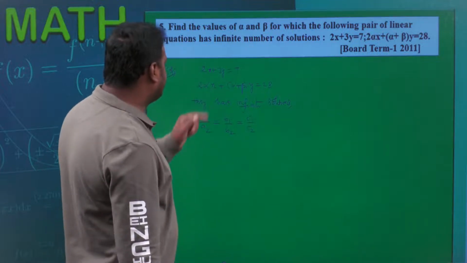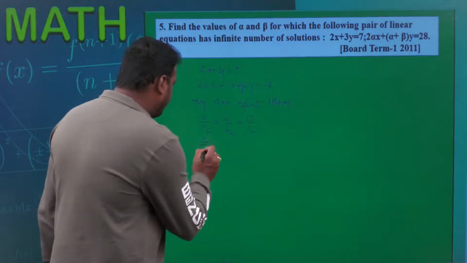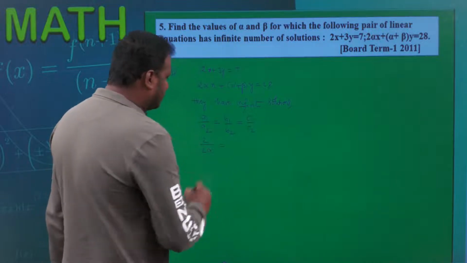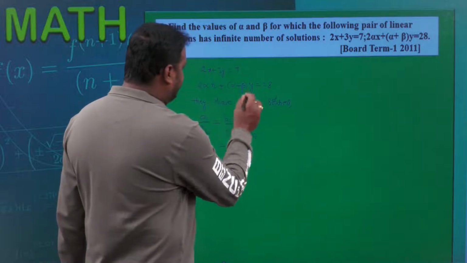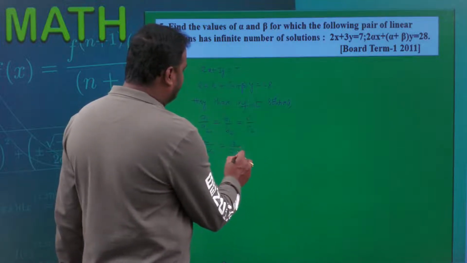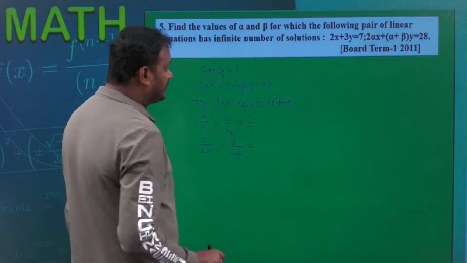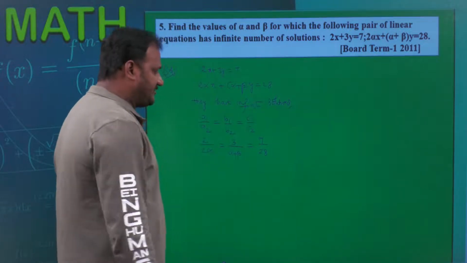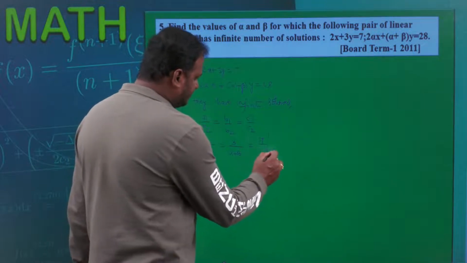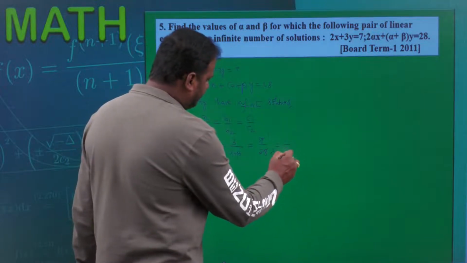Right? So what is a1 by a2? 2 divided by 2 alpha is equal to b1 by b2, that is 3 divided by the entire coefficient of y, that is alpha plus beta, equal to c1 by c2, that is 7 divided by 28. 7 and 28 can be cancelled, right? 7 4s are 28, which is equal to 1 divided by 4.